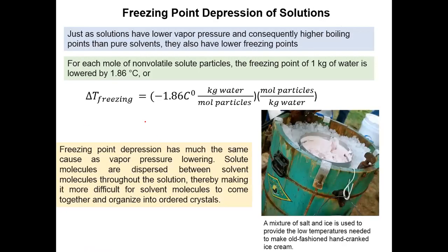Just as solutions have lower vapor pressure and consequently higher boiling points than pure solvents, they also have lower freezing points. For each mole of non-volatile solute particles, the freezing point of 1 kilo of water is lowered by 1.83 degrees.